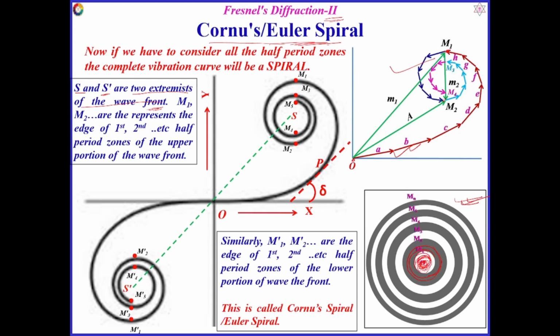This is like this for the first half period zone, and the second half period zone is also subdivided into strips, and we get this Cornu spiral in the first quadrant as well as the second quadrant.